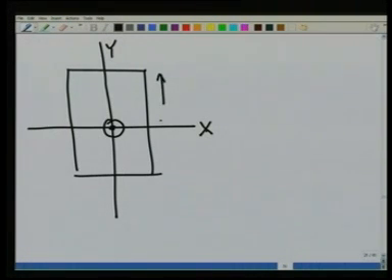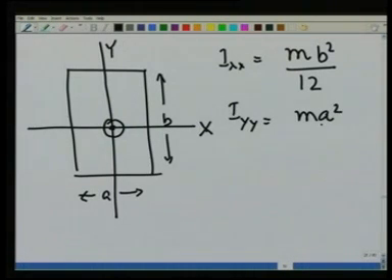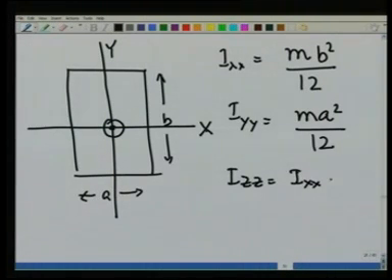This length is b, this length is a. So, I xx is going to be, if the mass is m, m b square over 12, I yy is going to be m a square over 12 and I zz is going to be, by the perpendicular axis theorem, I xx plus I yy.